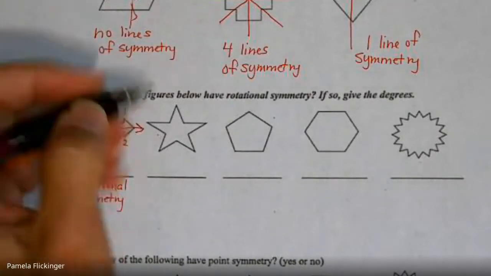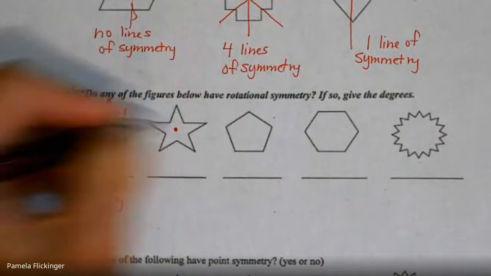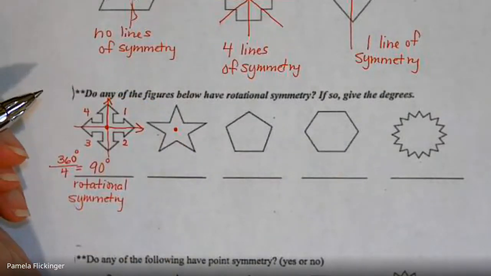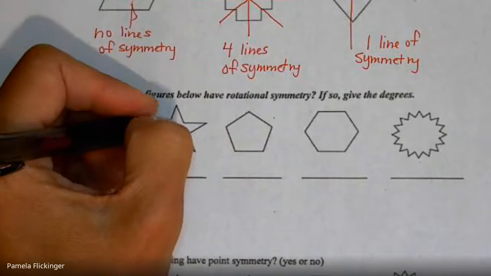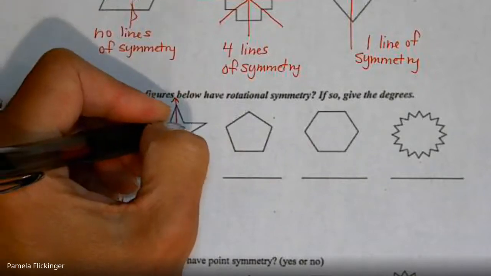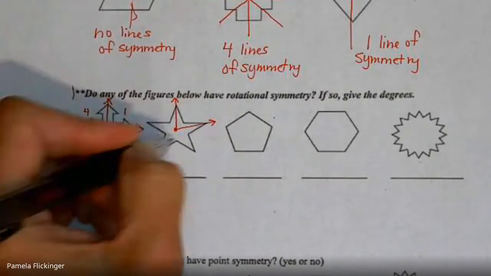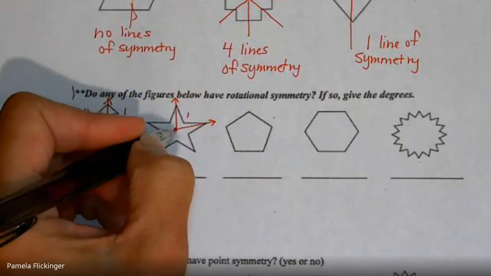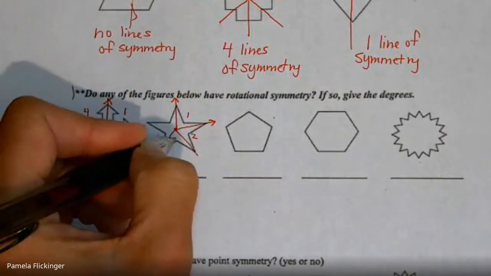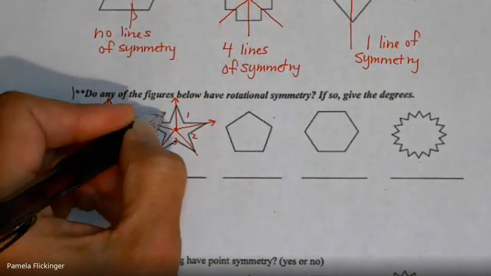All right, our star does, as I rotate it, it's going to look the same. I can go up through here, and then its matching corresponding point would be here. So that's 1, and then we've got 2, 3, 4, 5.